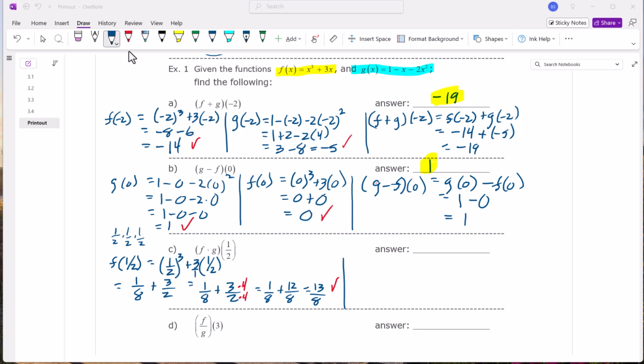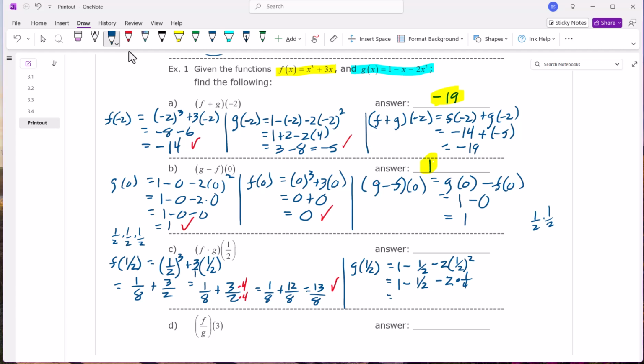Okay, next thing we'll do is g of 1/2. So we've got 1 minus 1/2 minus 2 times 1/2 to the second. And you could use your calculator on this too. I just like to see students do work with fractions. So we've got 1 minus 1/2 minus 2 times 1/4. Again, that's just doing 1/2 times 1/2.